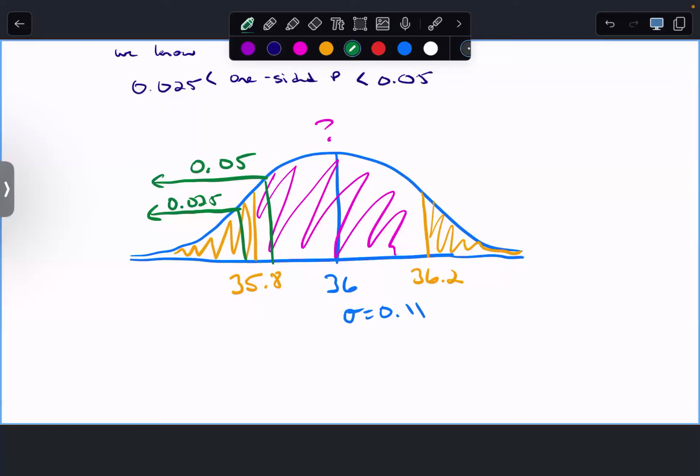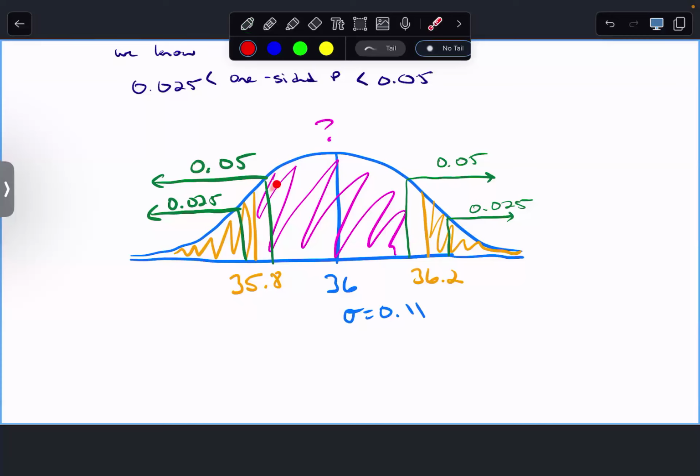So by symmetry, because they're the same distance away, we found that it's somewhere between 0.05 and 0.025. We can still use that to find that pink area that we want. It's again just going to be a between two probabilities, right? Or percentages if you convert them.